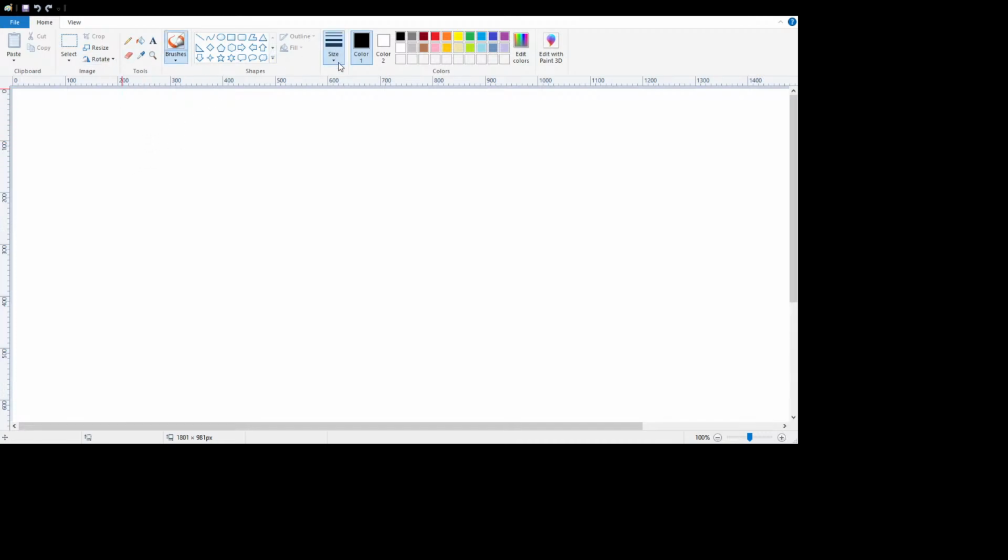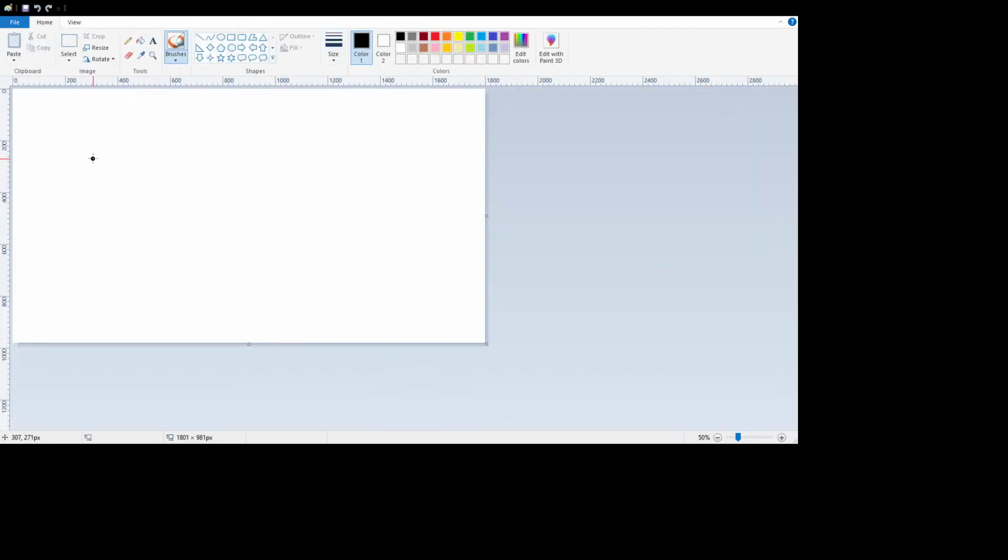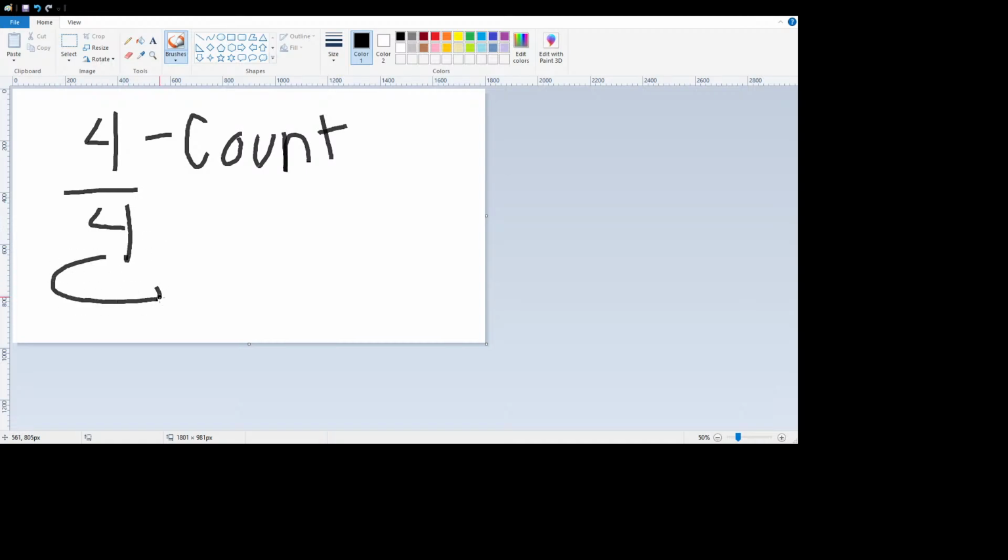I want a thick brush. Okay, so again, it's a fraction. The upper number tells you the count. And then this lower number, now don't get confused, is actually the type of note that gets one count.